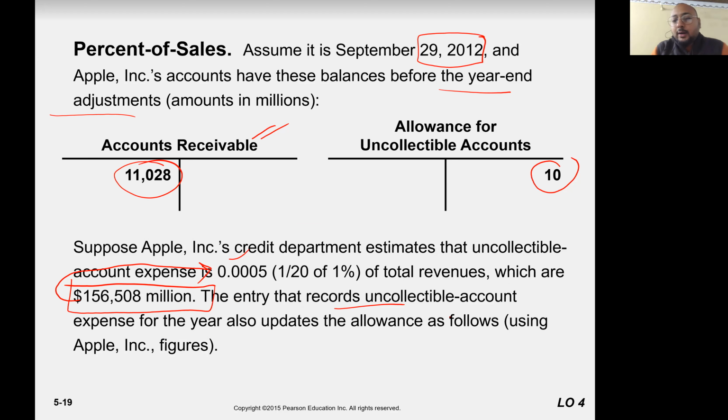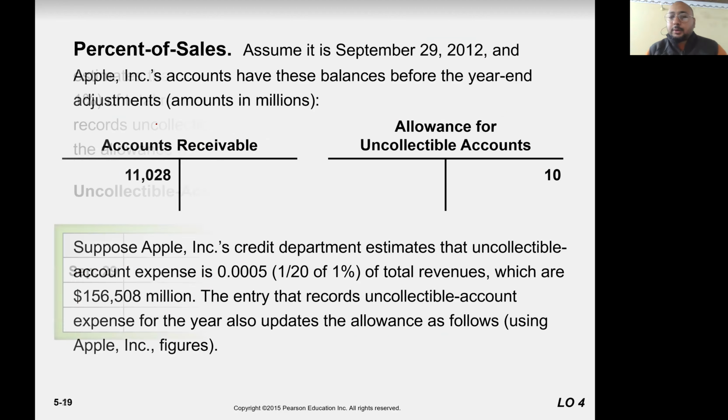So the entry that records uncollectible account expense for the year also updates the allowance as follows. You already have the previous allowance, because this is shown on the balance sheet. This is also shown on the balance sheet, right? This is a contra account of the asset account, which is accounts receivable.